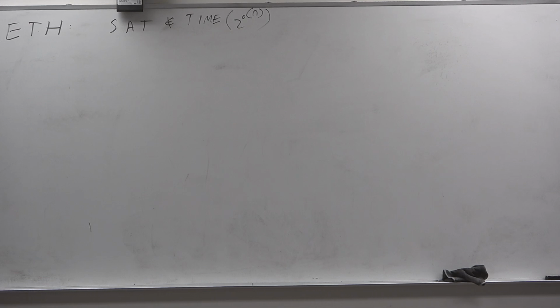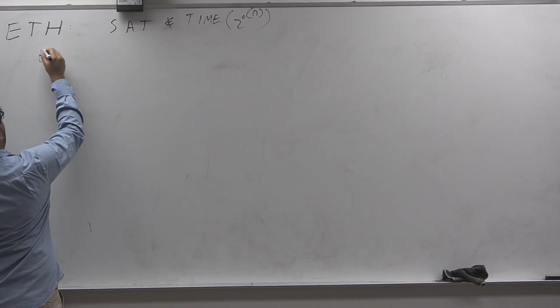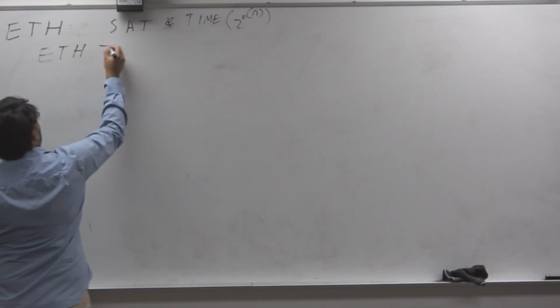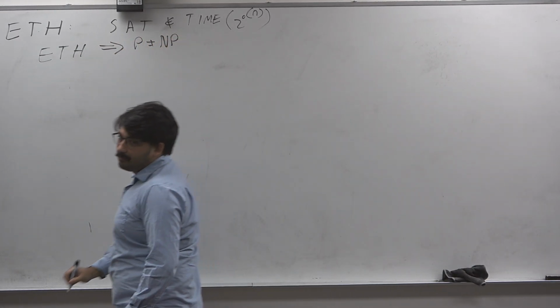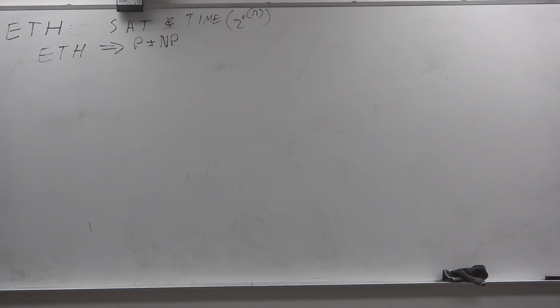They're equal. They're not equal, in fact. So F, in fact, will imply P does not equal NP. Okay? Why? If SAT cannot be solved in sub-exponential time, then it certainly can't be solved in polynomial time. And we know SAT is still in NP. So we have a problem in NP, not in P. P does not equal NP.